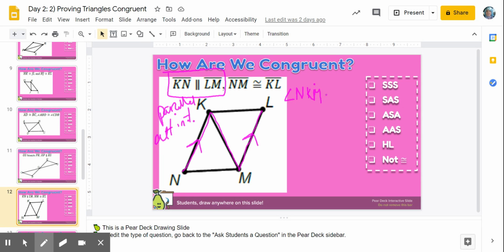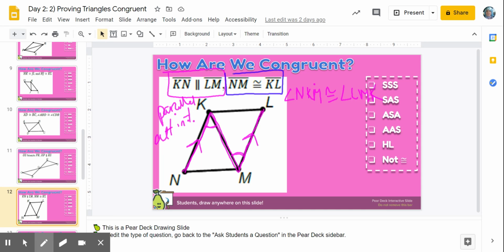Angle NKM is congruent to what? What's the other angle in that Z? LMK? I need you guys to talk to me today. Yes? We good with that?